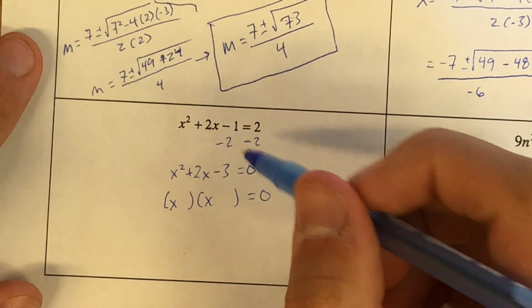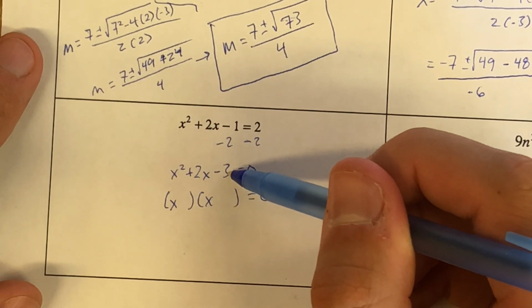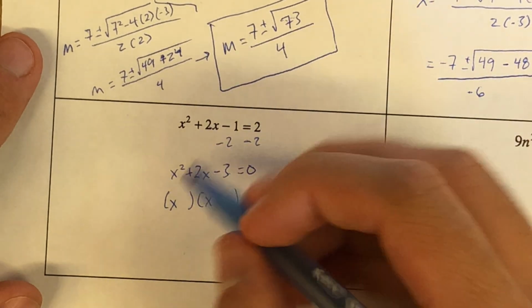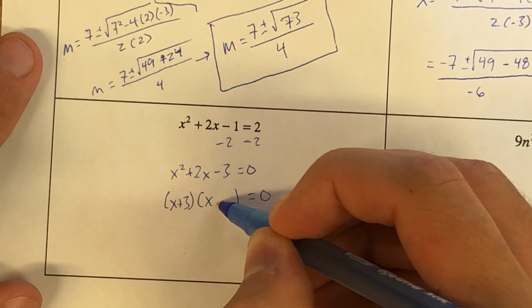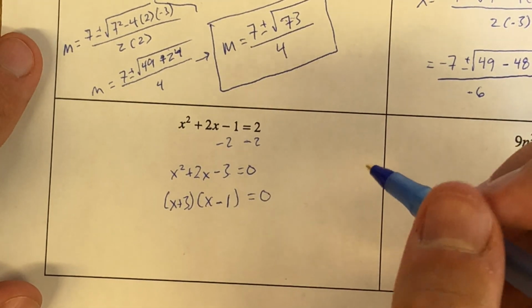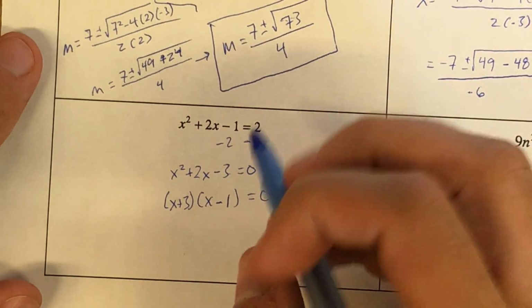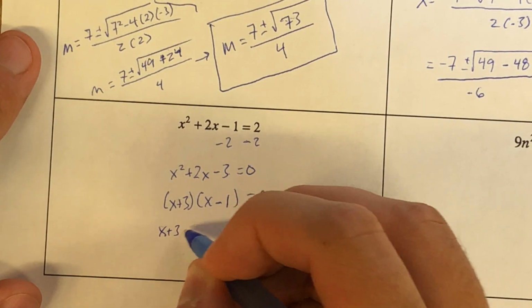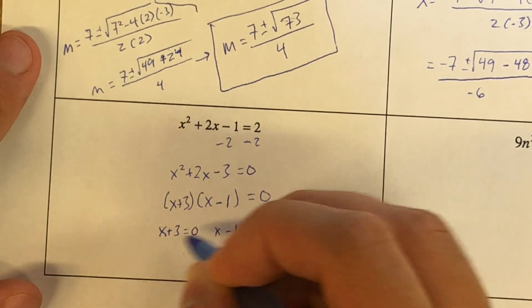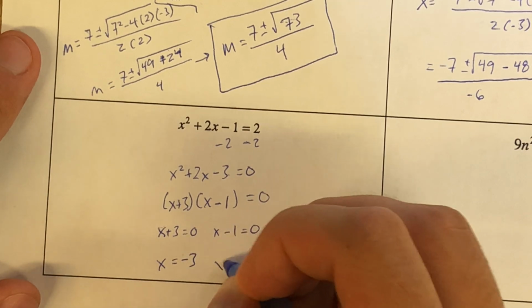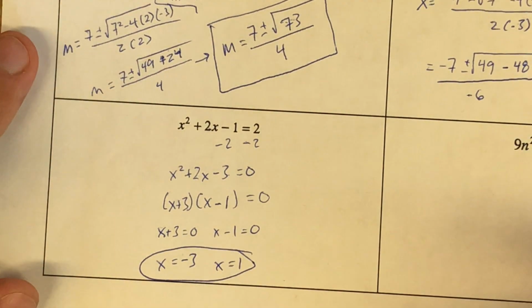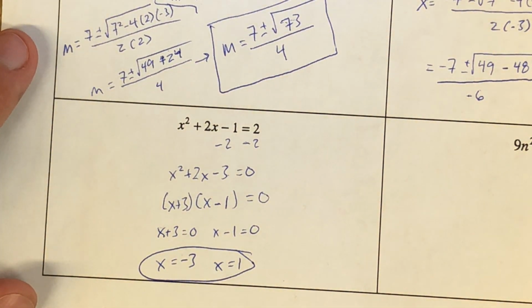Let's see if we can factor this. What multiplies to negative 3, adds to positive 2? Sounds like positive 3 and negative 1. So, set each of those equal to 0. x equals negative 3 and x equals 1. Boom. Didn't even need the quadratic formula.